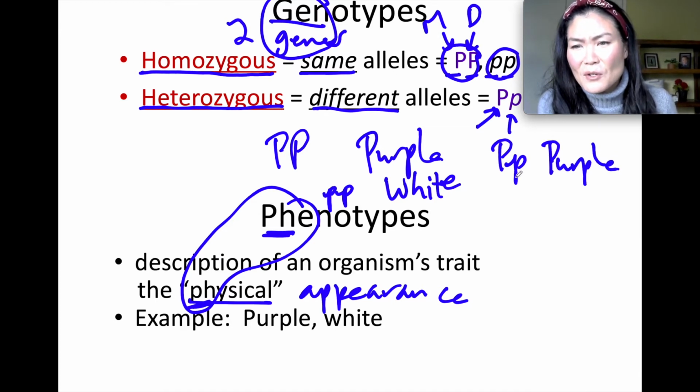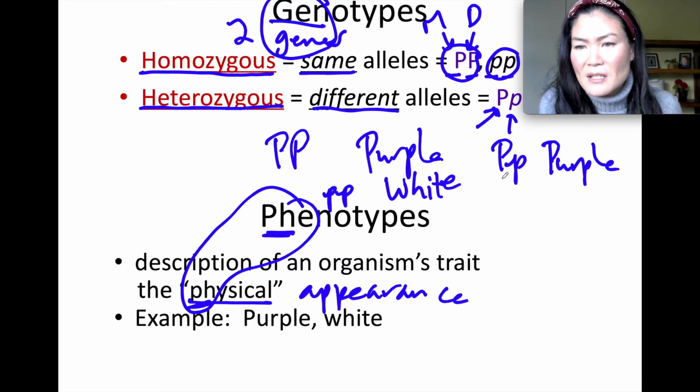So even though this heterozygous individual is a hybrid, even though it carries a white gene, it's not white in its phenotype. It's going to be purple because Mendel learned that the purple gene is dominant to the white gene. It masks, it covers up the white gene. You don't see it. Physically, it's not expressed.